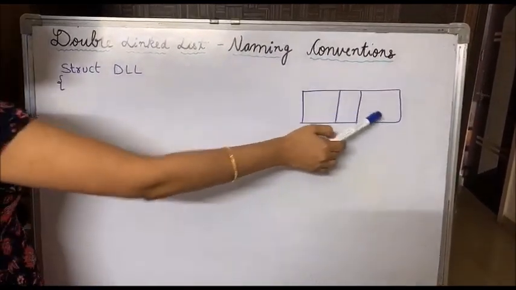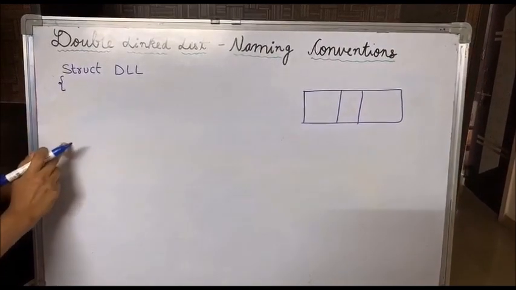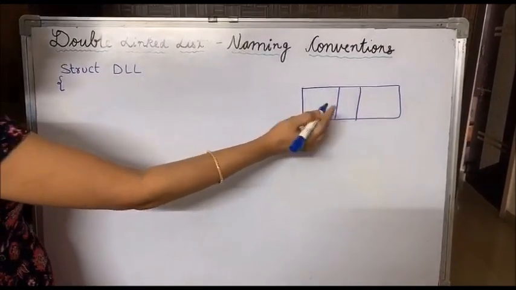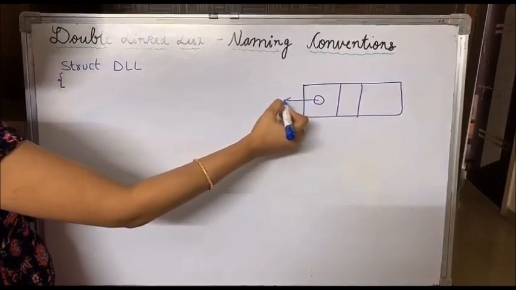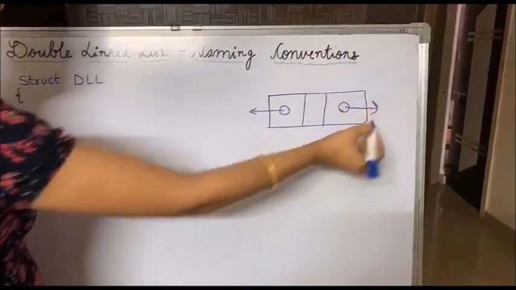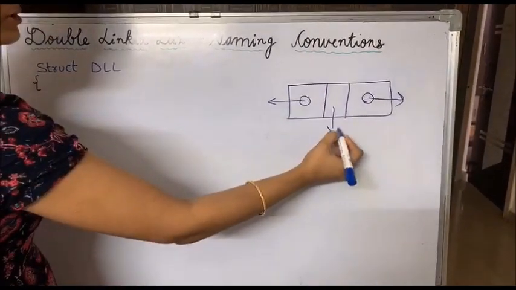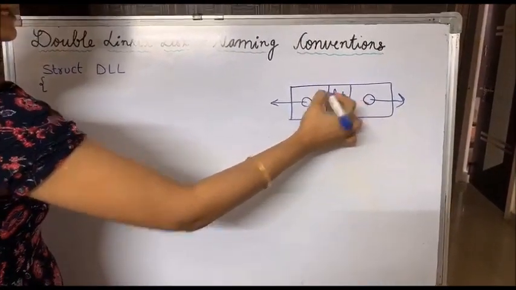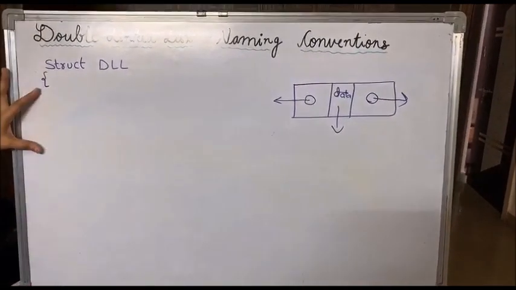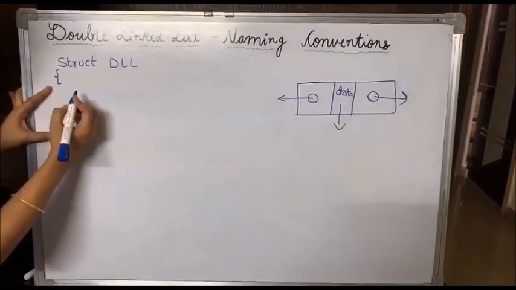But here there are 3 fields, so for each and every field we should declare a variable. This stores the address of the previous node, and next stores the address of the next node. This stores the data. This is the data field. So based on this node we will write the variables here.